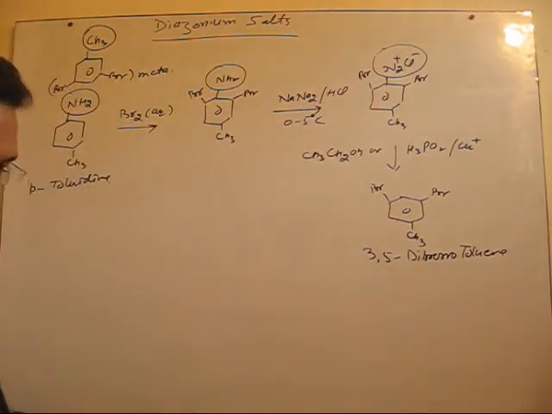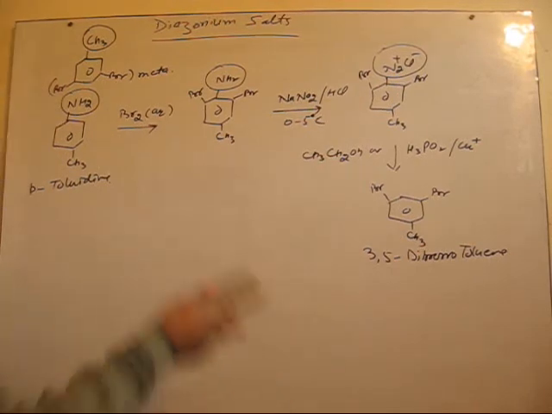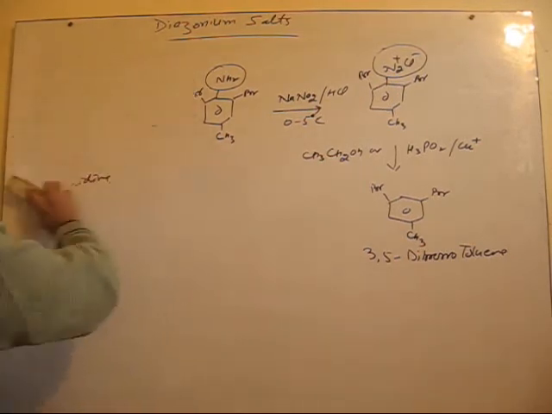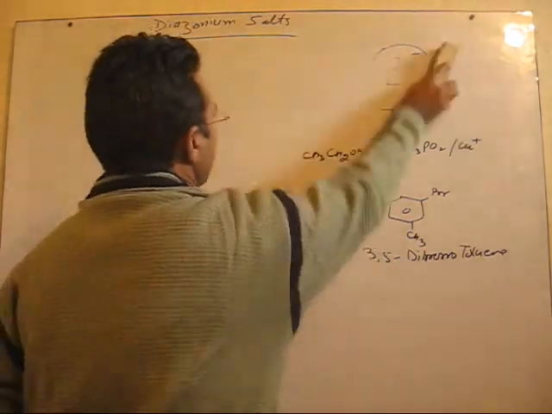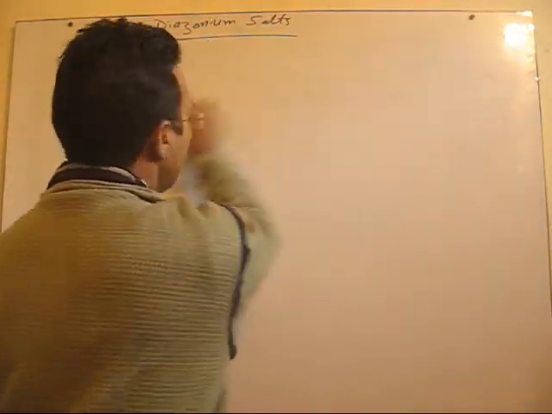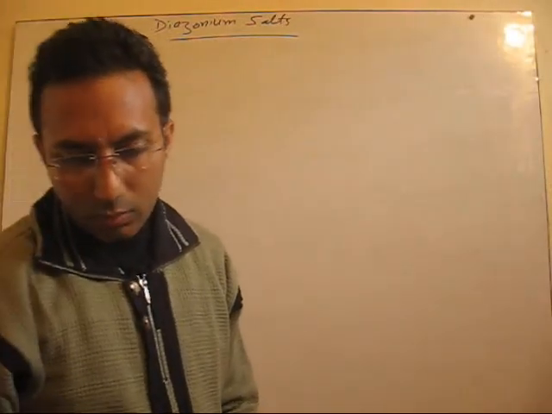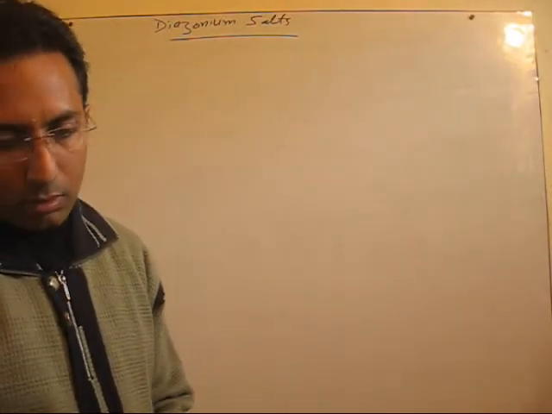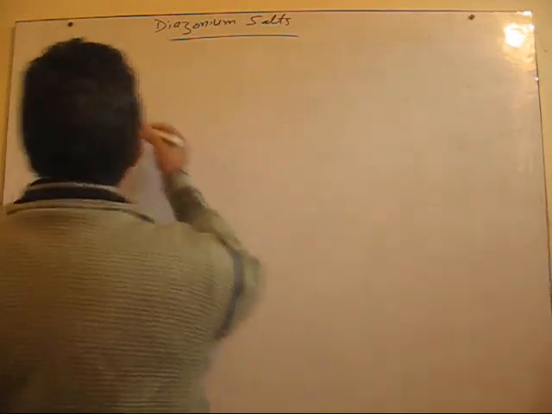I'll take up another one. The second synthesis we have is the second compound, 1,3,5-tribromobenzene. We have to prepare this compound.